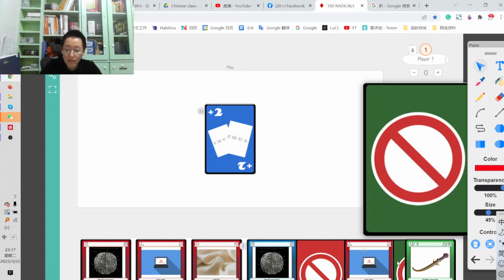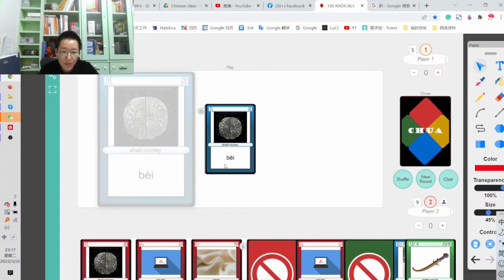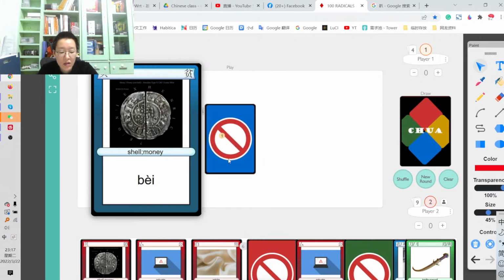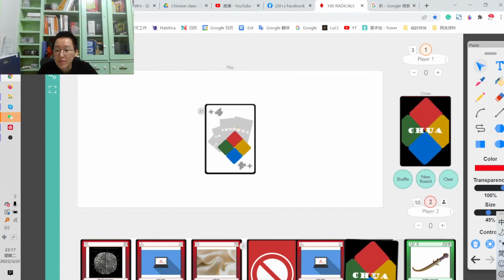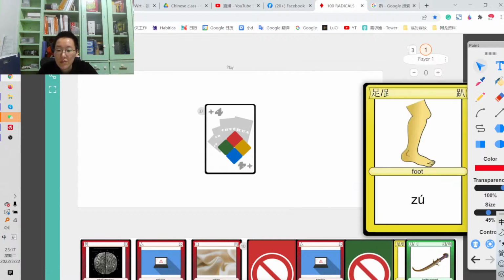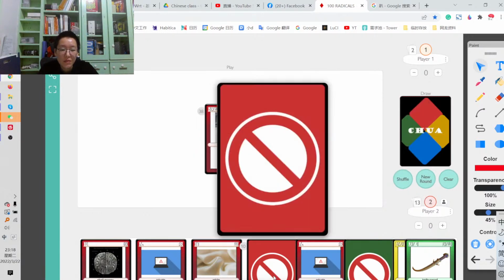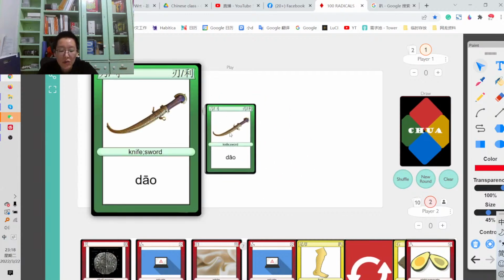And then 足, 贝, shell, money. Skip. Plus 4. Change to red color. Skip. 刀, knife.